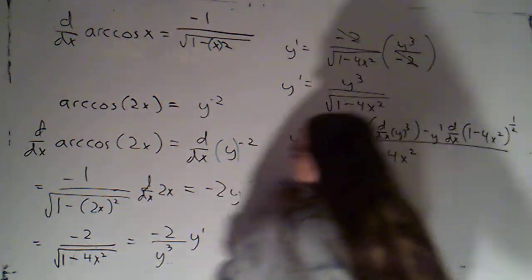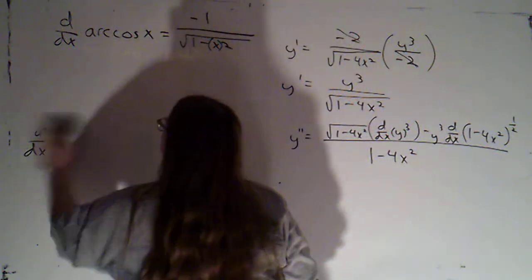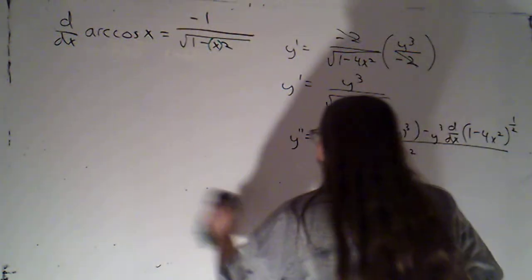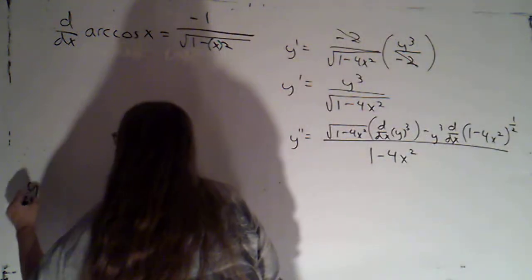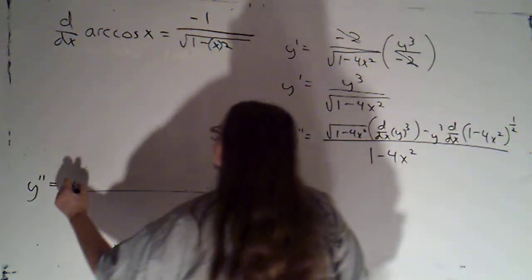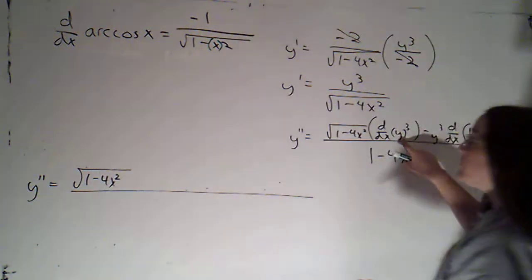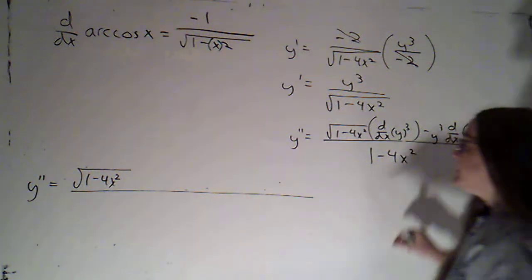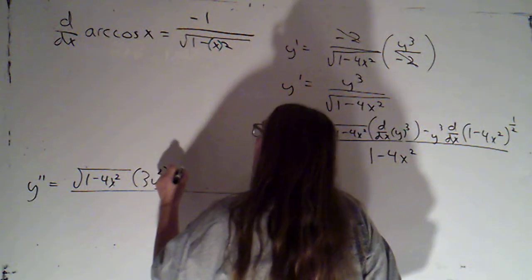All right, let me clear some space here. As I work this out, I'm going to move over to this side of the board. So y double prime is, we've got root 1 minus 4x squared. The derivative of y cubed, that's going to be 3y squared, y prime.